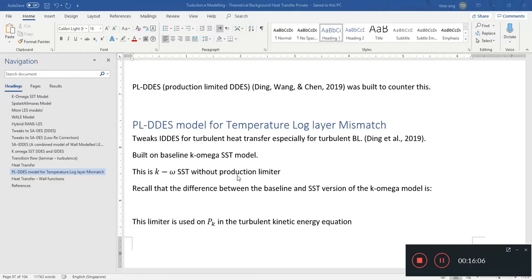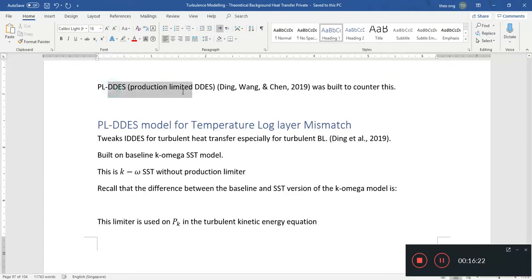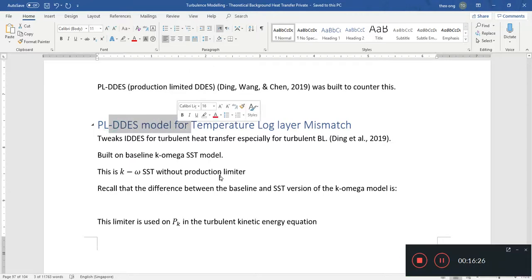Theoretically, if you have infinite computing power, you can do DNS all the way through, but unfortunately that's not true. So you have to use different turbulence models for different situations. The PLDDES model, the production limited DDES model built by Wang and Chen, is perfect for this temperature lock layer mismatch, but may not do as well for aerodynamic flows. So you have to give and take there.